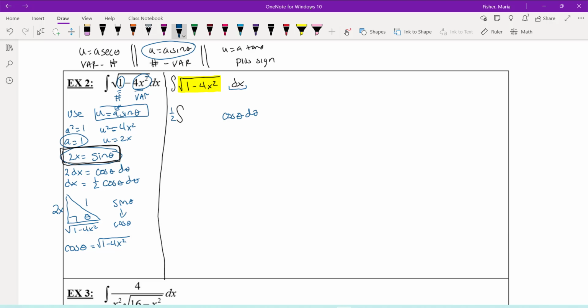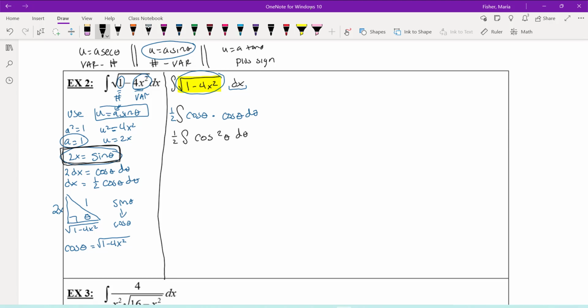Well, I don't need to write it over 1. So I know that the cosine of theta is equal to the square root of 1 minus 4x squared. So instead of writing this guy here, I write cosine of theta. My integral became 1/2 times cosine of theta times cosine of theta d theta. Well, we know that that's just cosine squared theta.